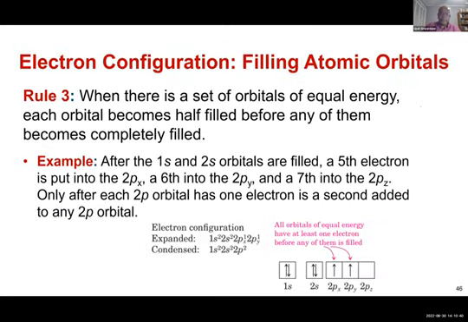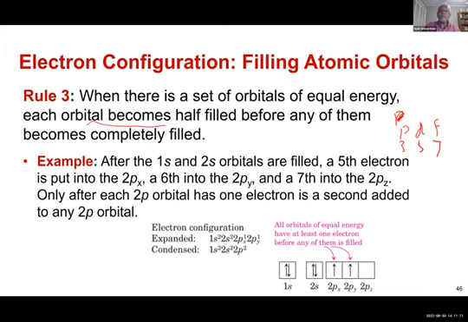Now rule 3, when there's a set of orbitals with equal energy, that means when you have D, F orbitals, there are 3, 5, 7. You have to follow this rule.